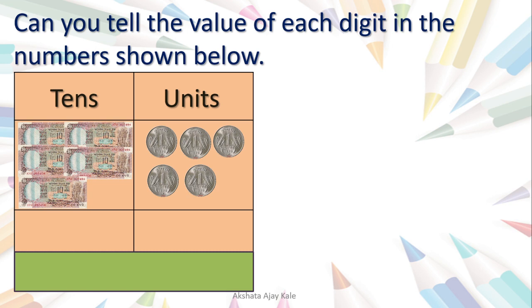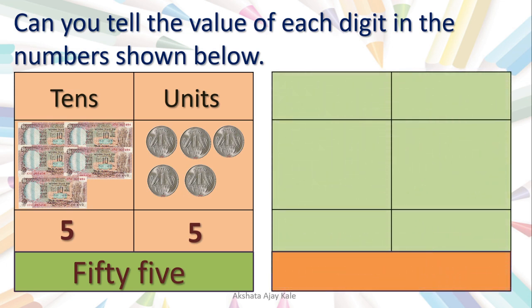Yes, 5. 5 10 rupee notes are there. So 5 tens and 5 units because 5 coins you can see. So if you want to write the same thing in words, that is 50 and 5. That is 55. Isn't it? Correct?